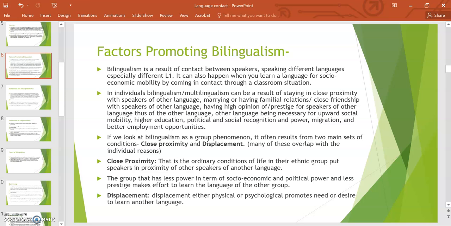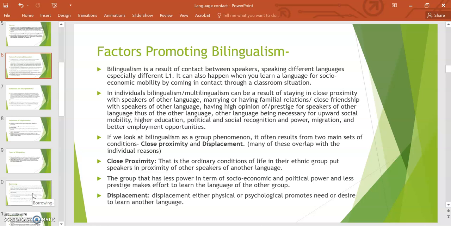In individuals, bilingualism, multilingualism can be a result of staying in close proximity with speakers of other language, marrying or having familial relations, close friendships with speakers of other language, having high opinion of or looking up at speakers of other language, in a way like you feel that they have more prestige.